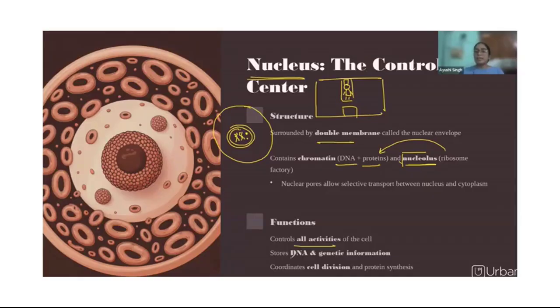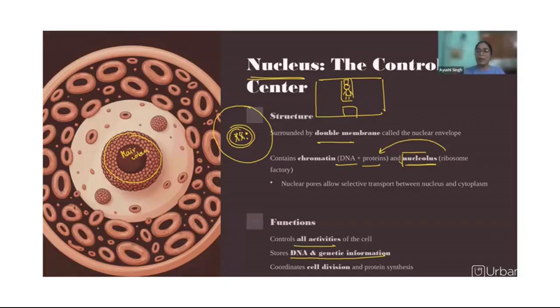It also stores DNA and genetic information. That means the nucleus also stores all the data, for example, your hair color, your eye color, your height, what it is going to be. All your genetic material, or the hereditary material which has to be passed on into the new generation, is kept in the nucleus, protected with a double membrane.